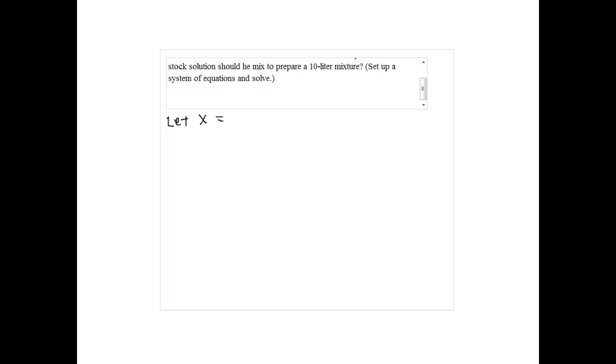Let x be the amount in liters of 80% solution, and let y be the amount of 40% solution. So first, we know that x plus y will be 10.